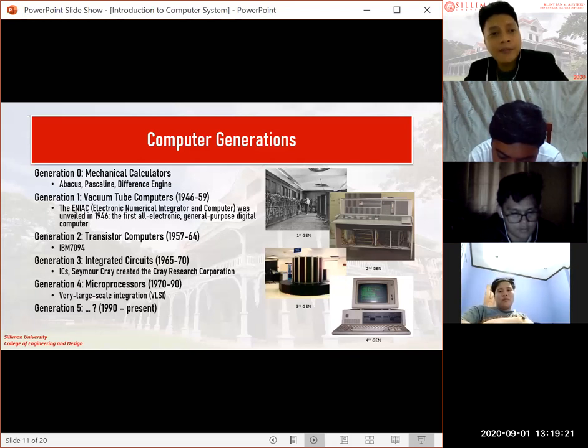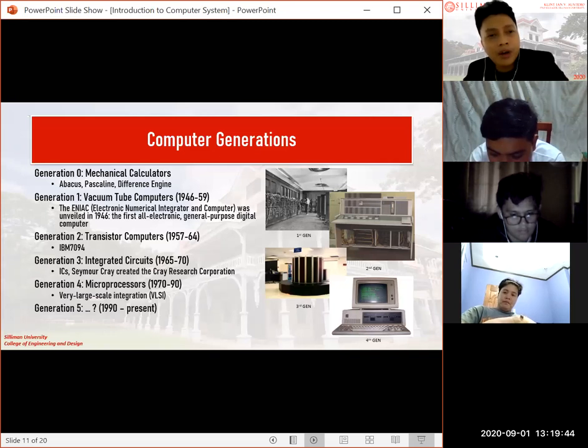During that time, the ENIAC, the Electronic Numerical Integrator and Computer, was unveiled in 1946. We can see there how the computer looked like from 1946 to 59. You can see that it's a very big room. Then later on, through the development of vacuum tubes, we transitioned to transistor computers.